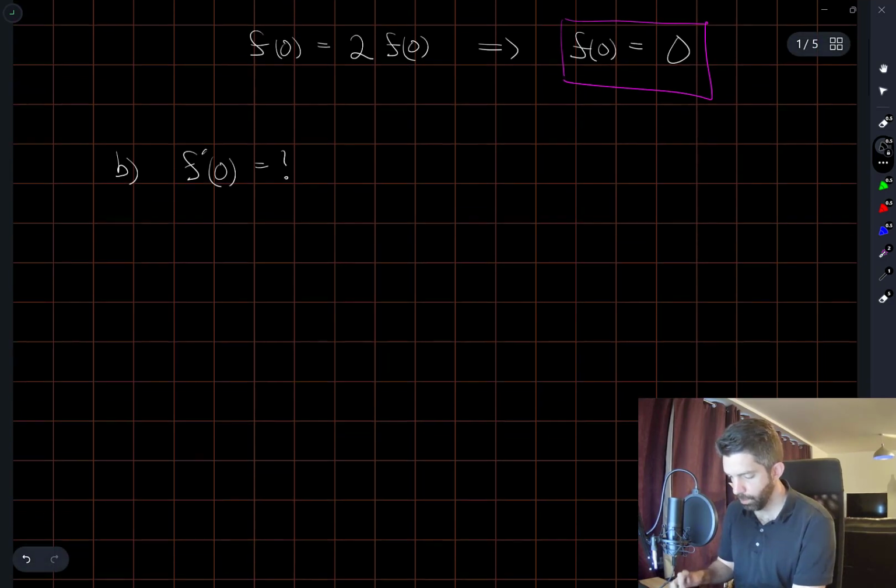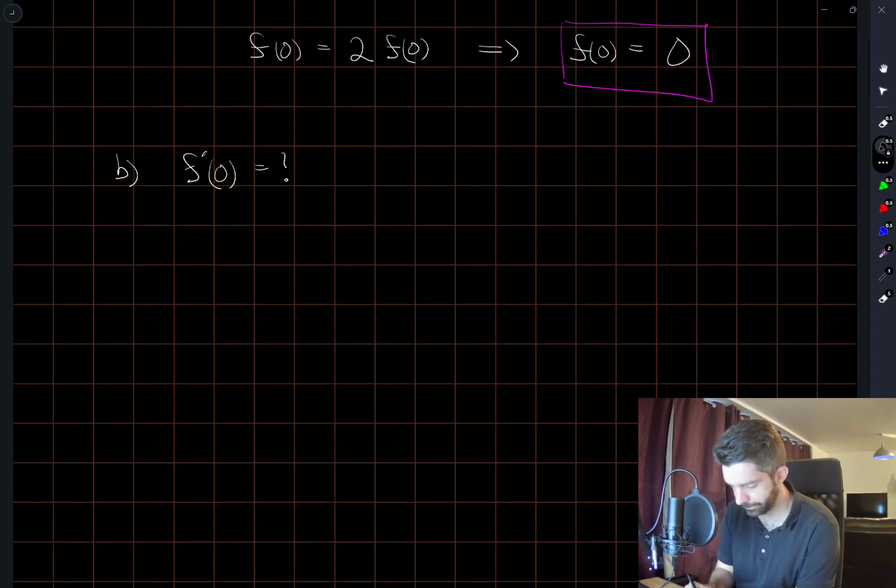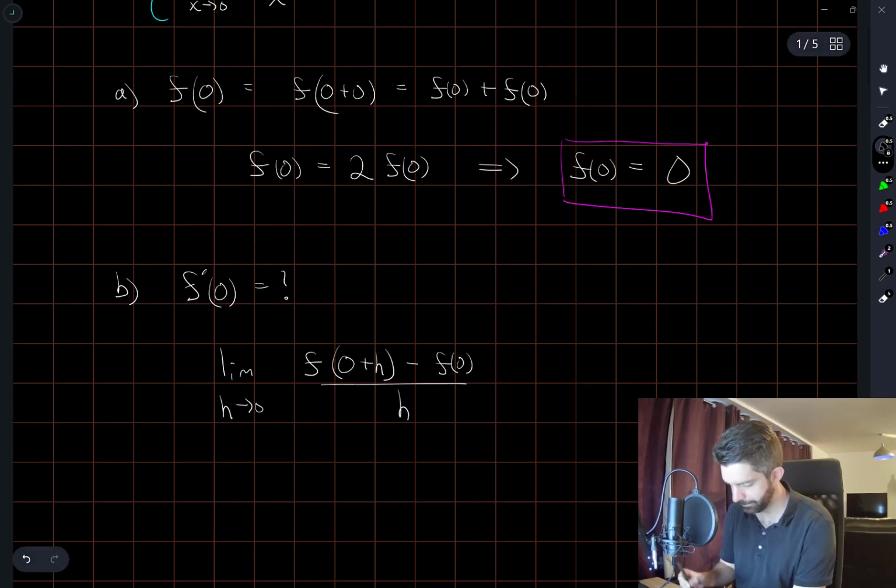Okay, well, this is equal to a limit as h approaches 0 of f of 0 plus h minus f of 0, divided by h. And this is equal to a limit as h approaches 0 of, I don't need to use the identity here.